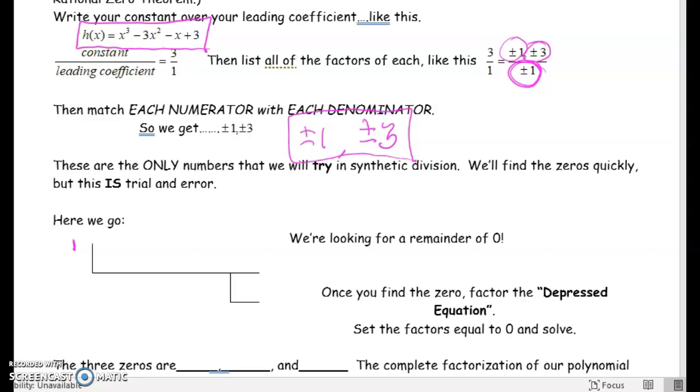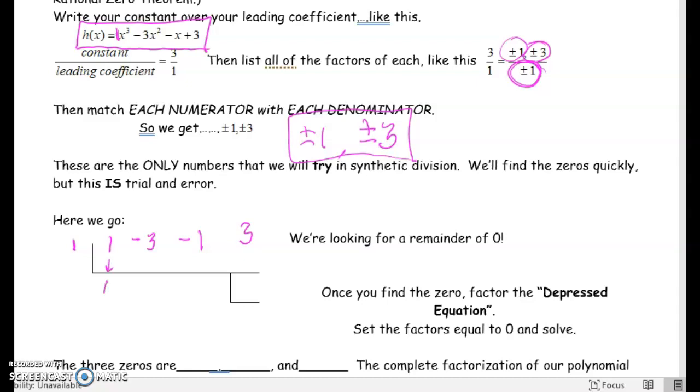We go back to the coefficients only, and if there are any missing powers, we'll always put a 0 in for a missing power or a missing constant. So we have 1 from the 1x cubed, negative 3 from the negative 3x squared, negative 1 from the negative 1x, and positive 3 from the constant.